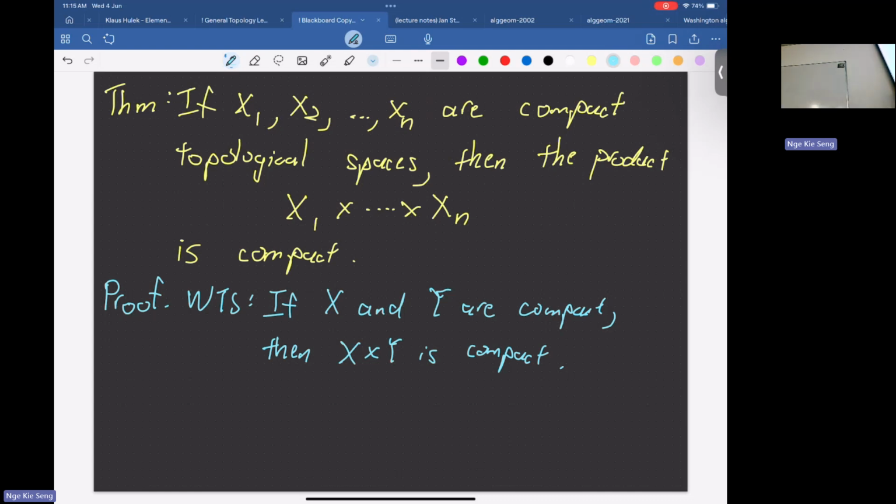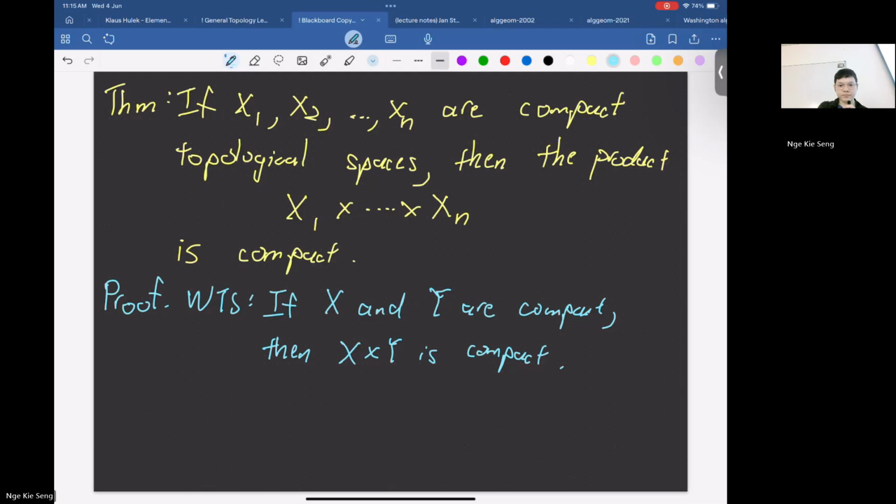Pairs of open sets in X and Y. What's the topology we call it? Product topology. But this is finite, so both products should be the same, no matter what you use. That's why you have difficulty in the infinite case. Usually when we see a product, we use the product topology.